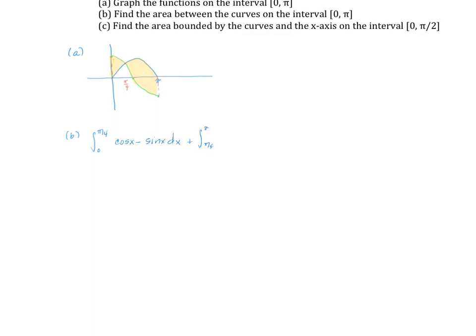Now my upper function is sine and my lower function is cosine. Again, it's upper minus lower to ensure that your slice always has a positive length. If you need to look at the representative slices, in the first region I can see that the cosine is the higher, and in the second region, sine is the higher.